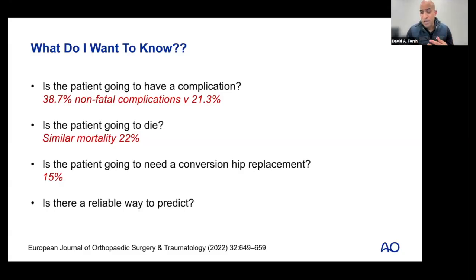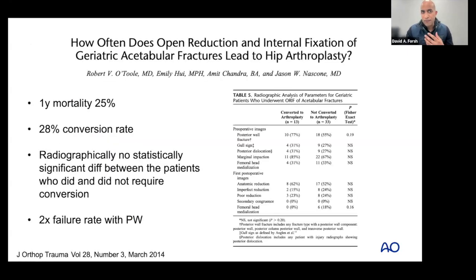And then is there a reliable way to predict? We like to kind of hang our hat on some of the radiographic prognosticators and say, hey, this is going to portend a poor prognosis. And maybe not as much as we think. And so a paper that I reference a fair amount that helps me inform this is one that came out of Maryland from the guys at Shock Trauma.